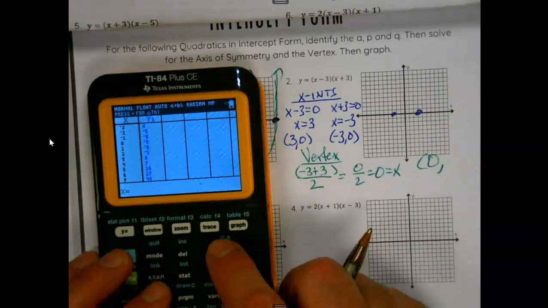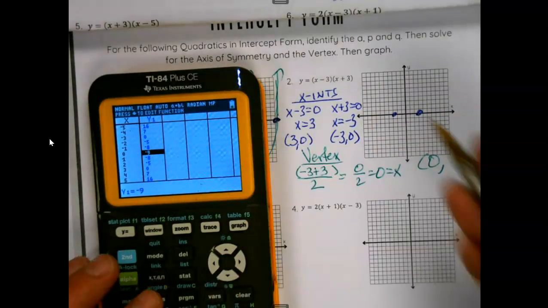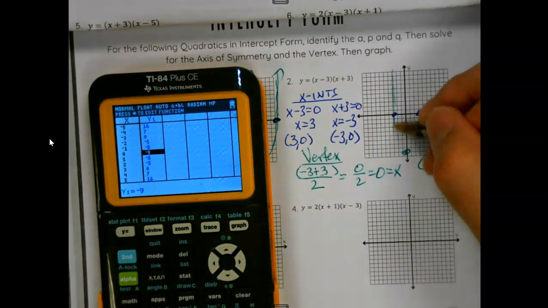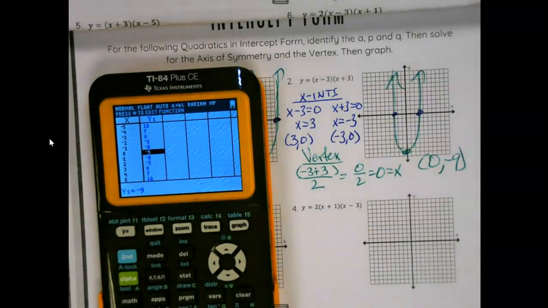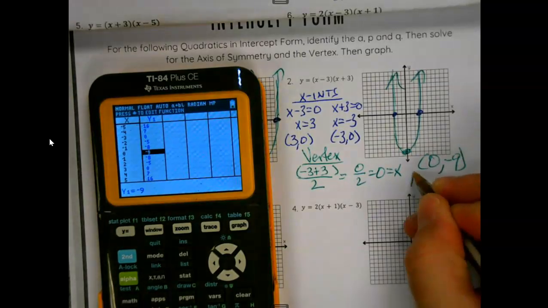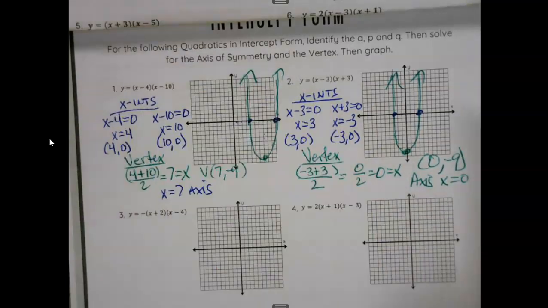Get 0 in the middle here and hope we see some symmetry. If I see the same numbers above and below, I'm a happy camper. Get my graph. I get my axis of symmetry. Happy, happy, hearty.